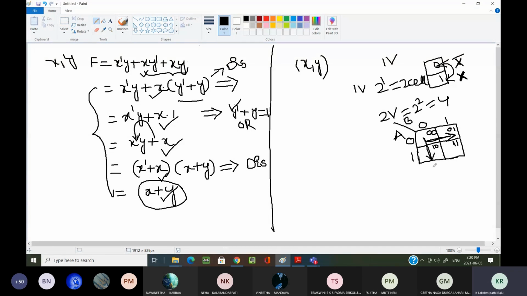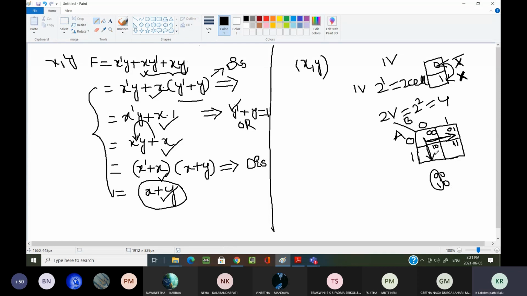Now, if you consider vertically, what is the first cell value? 0, 0. What is the next cell value? 1, 0. How many variables differ here? Only one variable differs here.